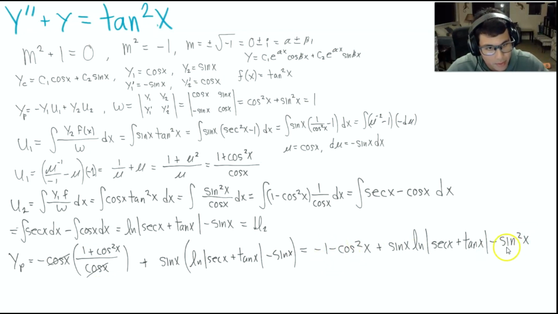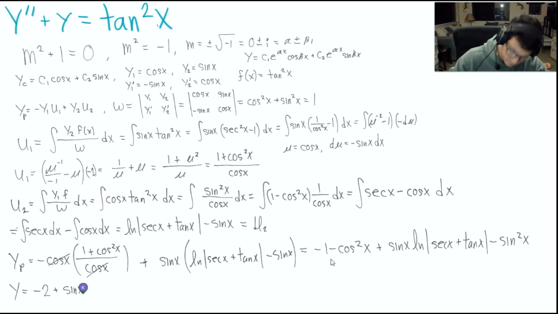Minus cosine squared x minus sine squared x. What will that become? Well, we can factor out that negative and combine this cosine squared x plus the sine squared x. If we factor out that negative, we would see that's equal to 1. So this would be negative 1 minus 1, which should be negative 2. So we get negative 2 plus sine x ln of secant x plus tangent x. Okay, so that's yp, not just y.